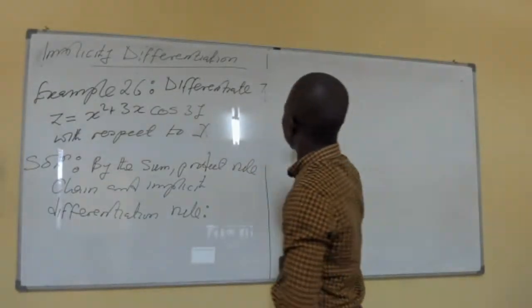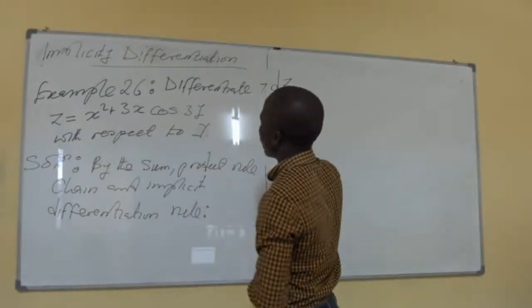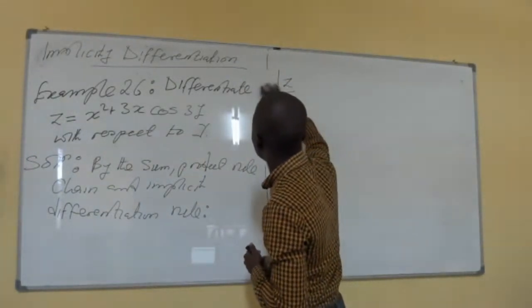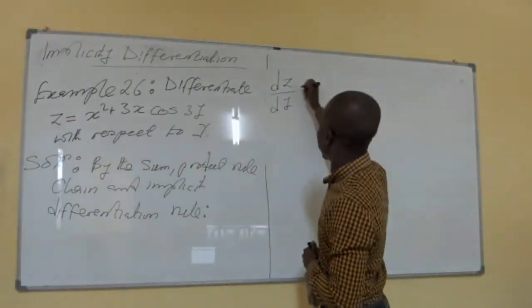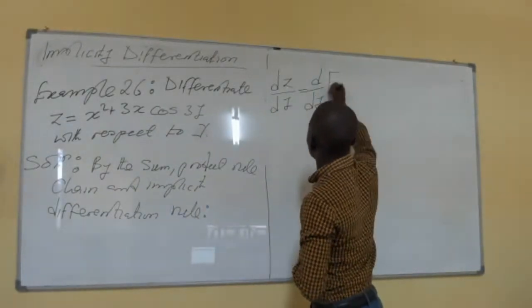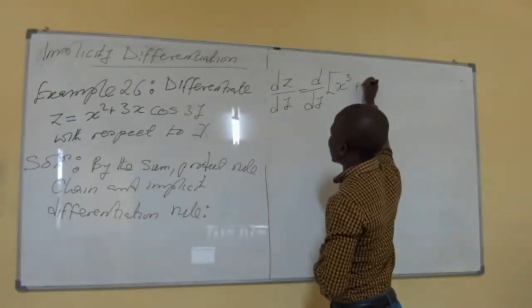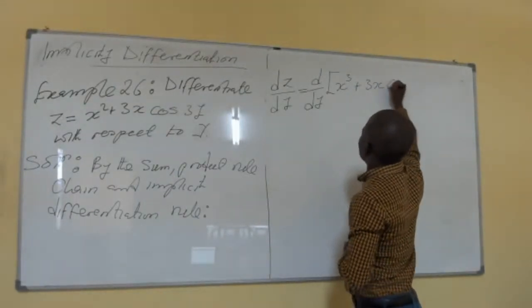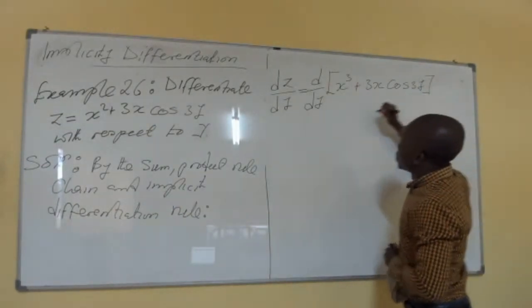We are differentiating this function z with respect to y. Our function z is x power 3 plus 3x times the cosine of 3y.